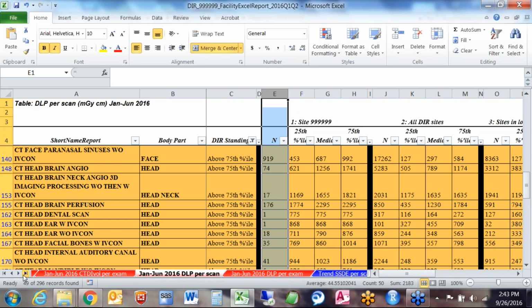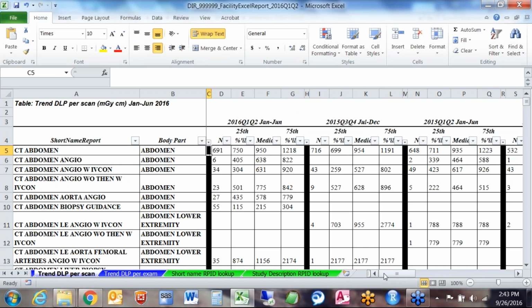Okay, so now let's take a look at one of the trends. Trends compare your value at a certain point in time with your value at another point in time. That's called a trend. It shows how your facility is doing over time; it is not comparing with anyone, not with DIR or any other facility comparisons.